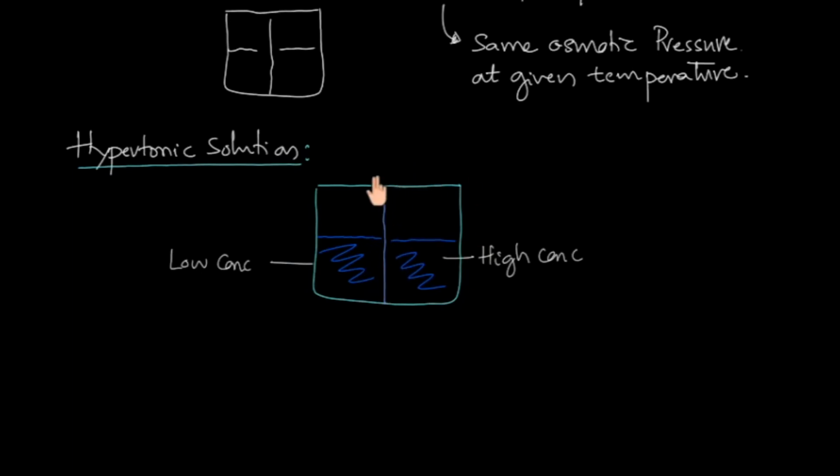Osmotic pressure is the pressure applied on the solution side to stop the flow of solvent molecules from low to high concentration. We have to stop this movement, so you apply the pressure on the compartment where the concentration is more.